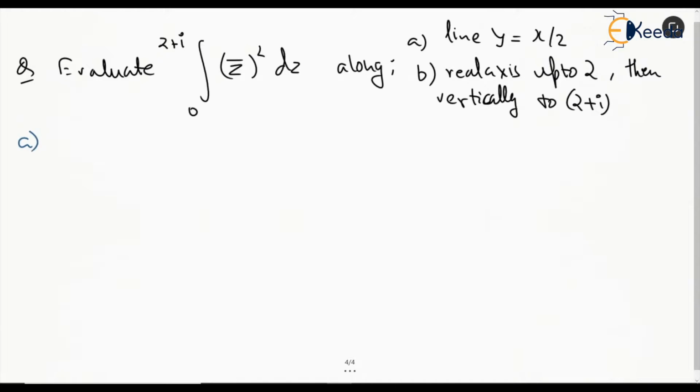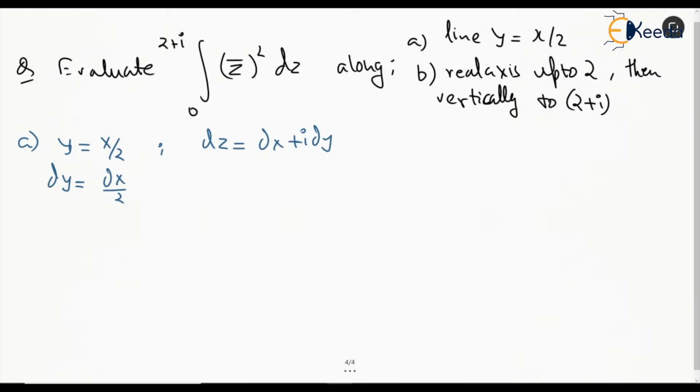First option, it is line y is equal to x by 2. From here itself, if I say dy is equal to dx by 2, then it is fine. And then we know that dz is given as dx plus i dy.